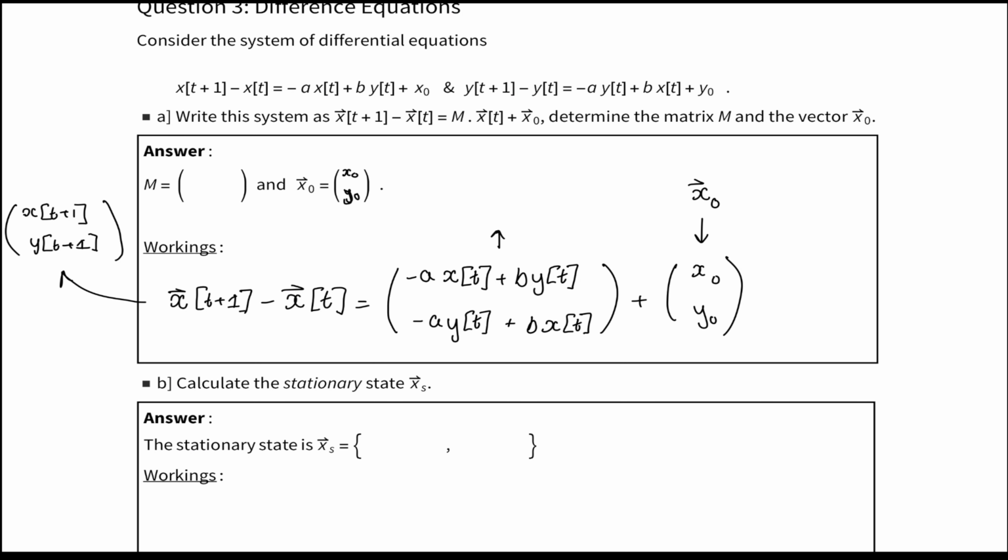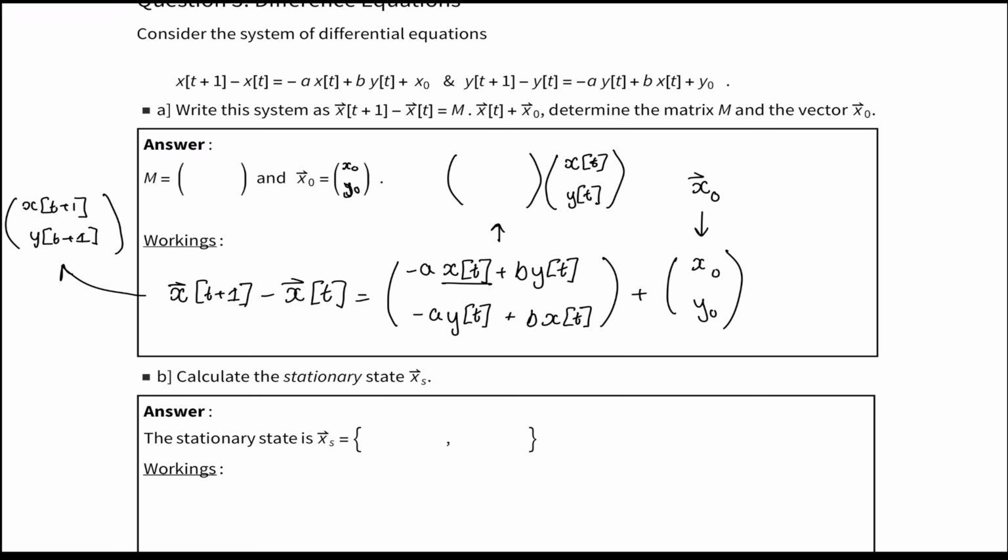Now this we can write as, like they've said, some matrix and then the vector x_t and y_t. To figure out what this matrix is, we're just going to look at the coefficients of x_t and y_t. The coefficient of x_t is minus a, the coefficient of y_t is b. So when we multiply this row by this column, we get minus a x_t plus b y_t. And in the second row, the coefficient of x_t is b and the coefficient of y_t is minus a.